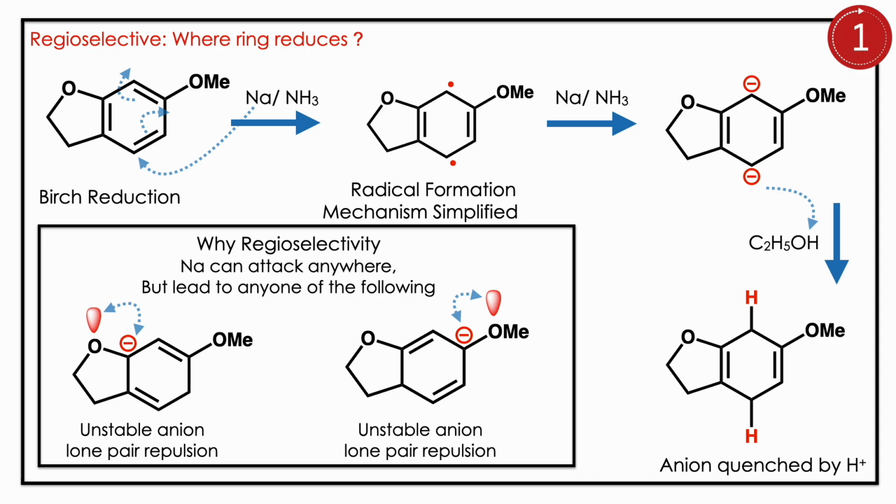The diradical converts into anion. The anion has to be stable. Anion cannot form near the lone pair because of repulsion. So it forms in the benzene ring, not the connected carbon. Anion forms, it reduces. So the concept you outline here is Birch reduction completely controlled by the stability of anion, which promotes the regioselectivity.